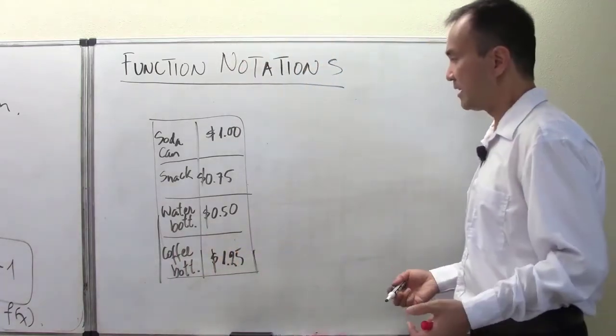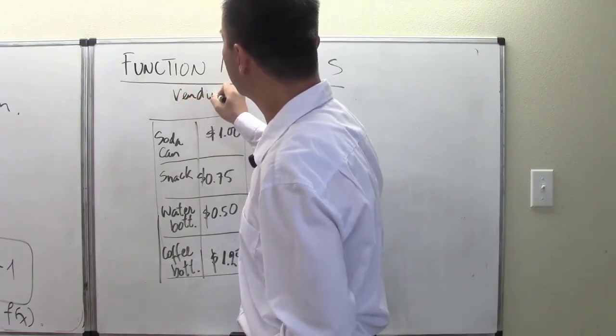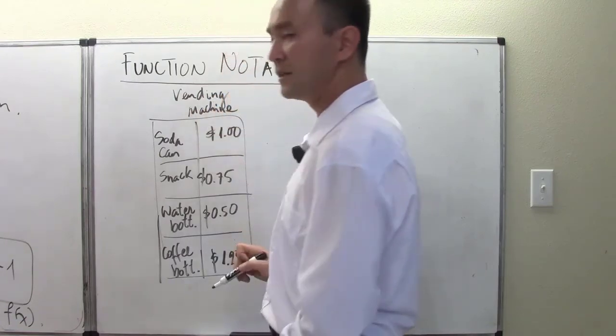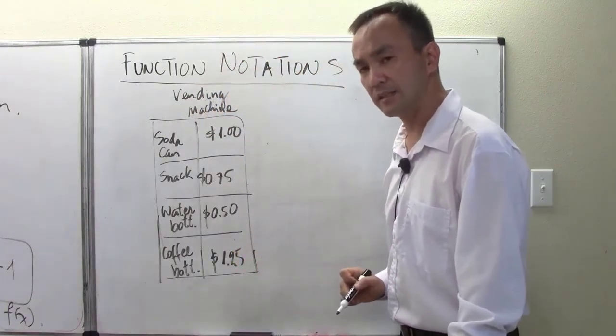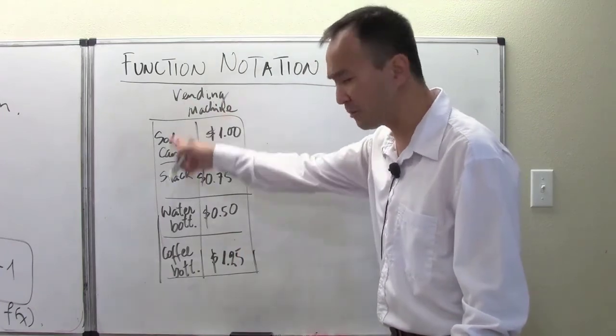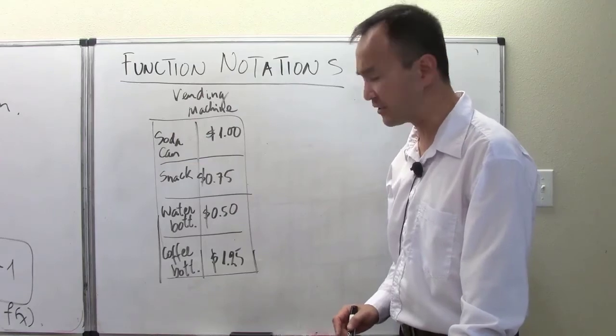I call this a vending machine. I also explained in the earlier part of this video lesson that it demonstrates the idea of a function. So this vending machine itself is a function.